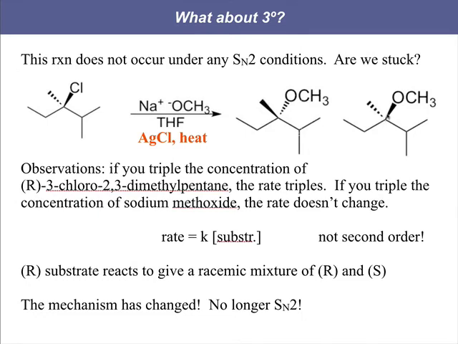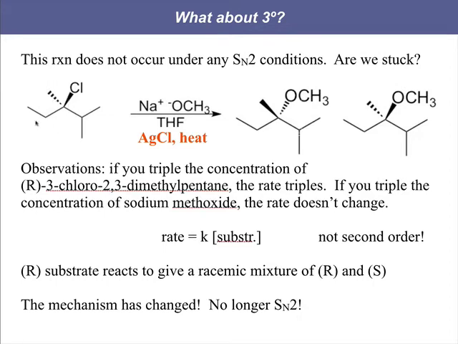But here's an observation. If we start with one specific stereocenter, if we start with this stereocenter in this configuration, the chlorine would be 1, isopropyl would be 2, ethyl would be 3, methyl would be 4.